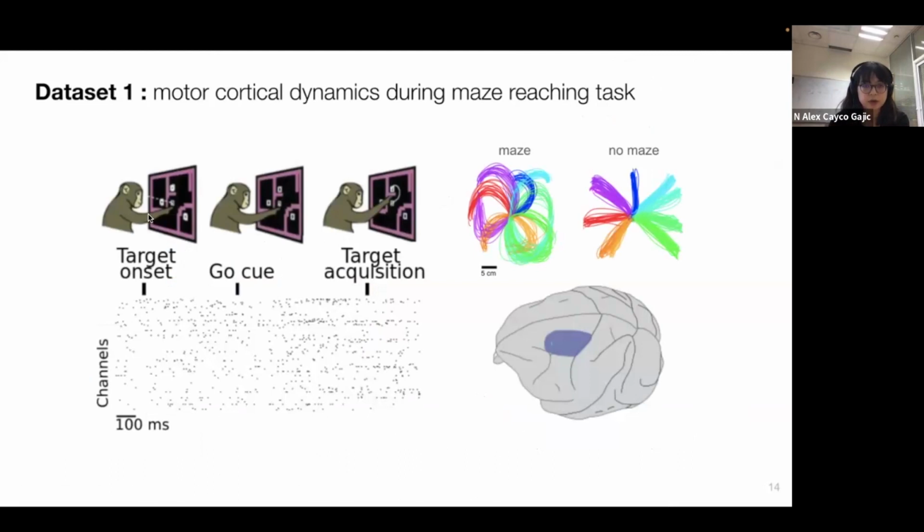Essentially, it's recordings from PMd and from M1 of a monkey that is performing a reach task, but it's a little more complicated. There are barriers, and the monkey has to make a curved reach around the barriers. So you have the maze condition in which it makes these curved reaches, and then there's a control no maze condition where it makes a straight trajectory to the same goal location.